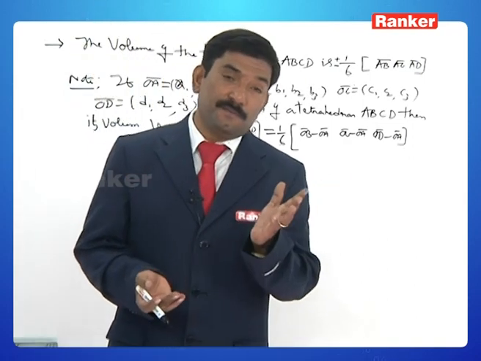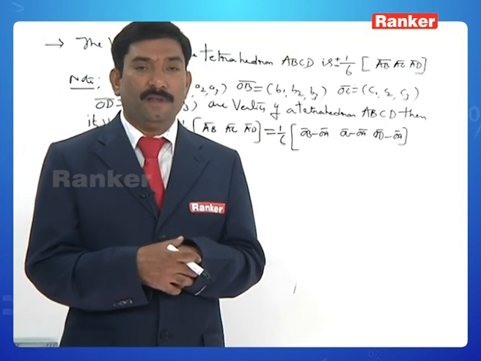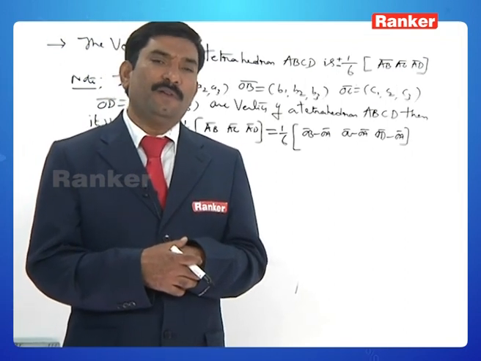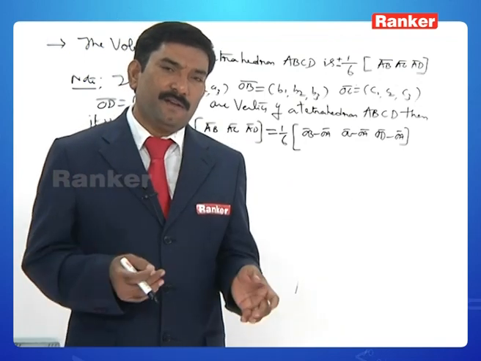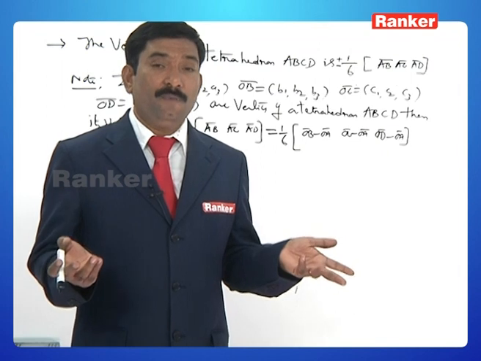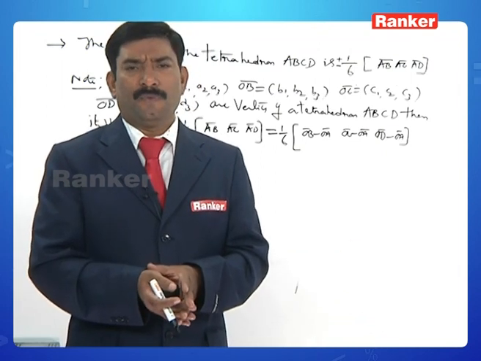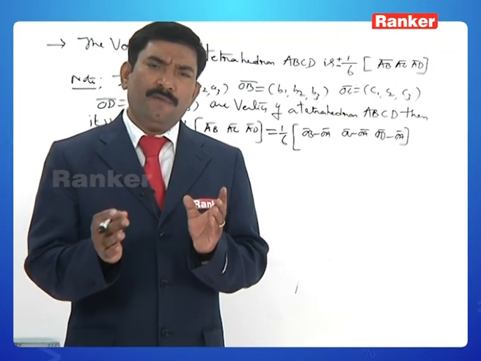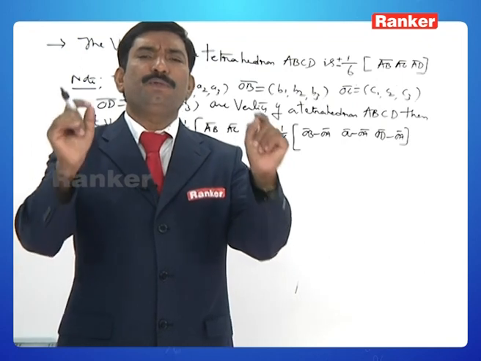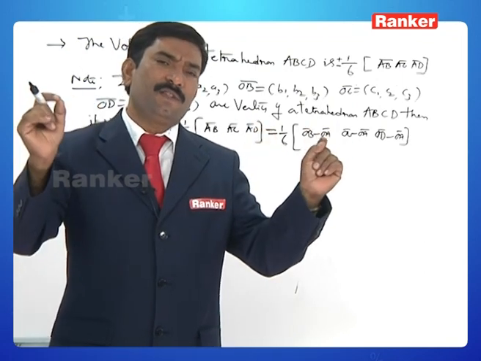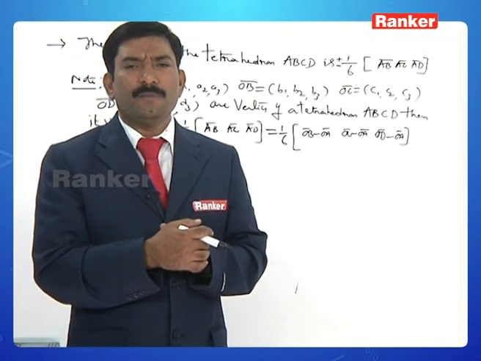I told you many times, often: whenever you are given 4 points, you have to prove them coplanar, meaning they are lying in the same plane. Tetrahedron is nothing but a plane. So whenever you are proving them coplanar, you are supposed to construct them as co-initial vectors. Then why do you take only AB bar, AC bar, AD bar?